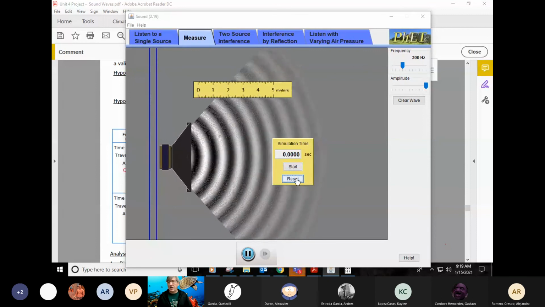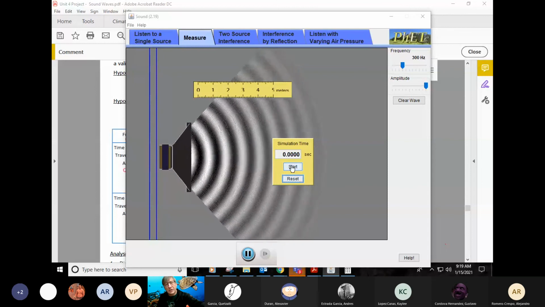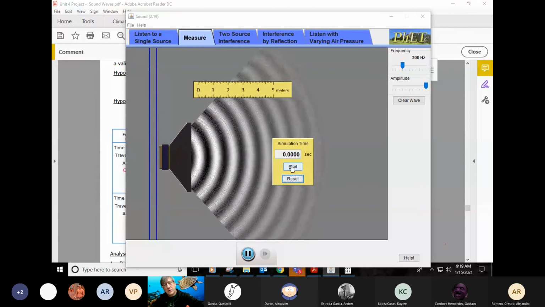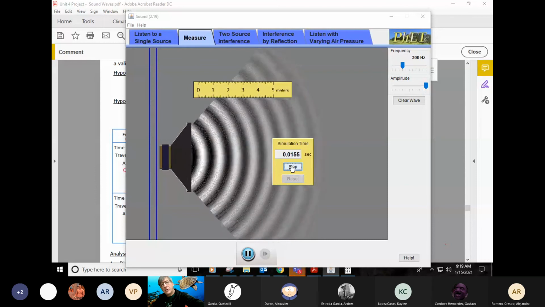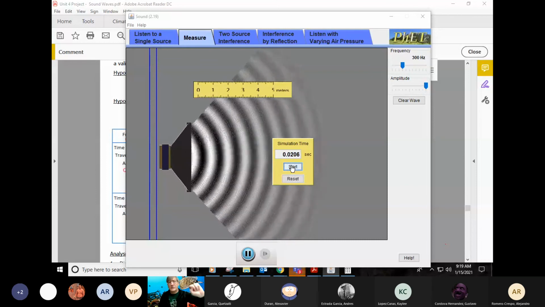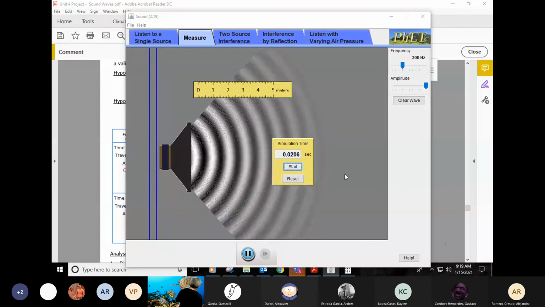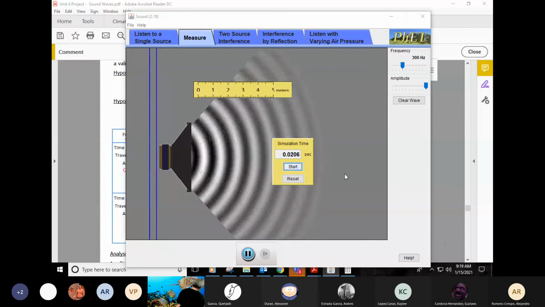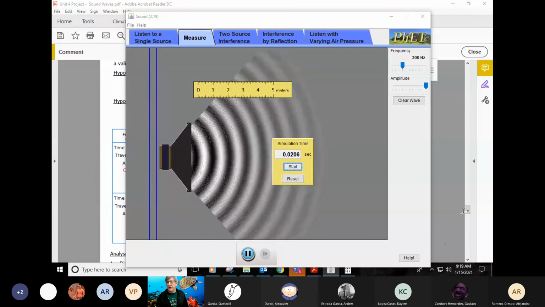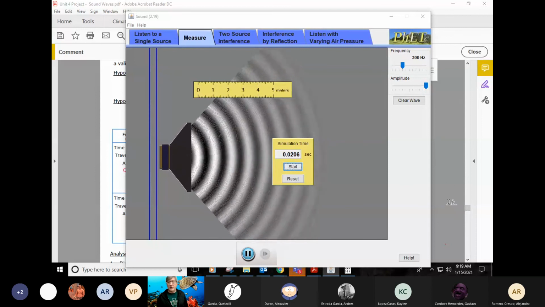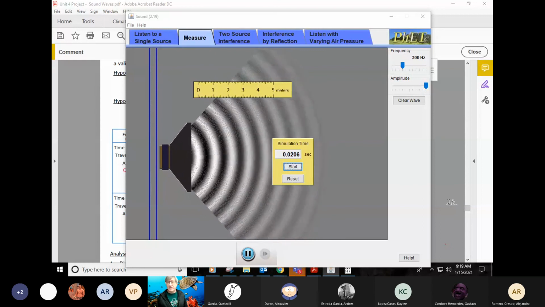Okay, third trial at 300 hertz. Here we go. 0.0206. Okay, so what do we have? 198, 204, and 206.